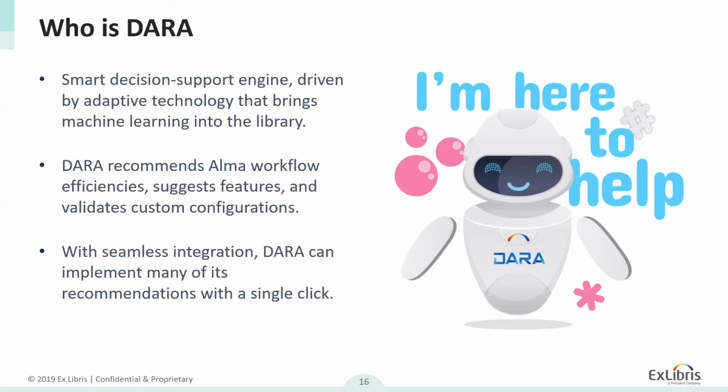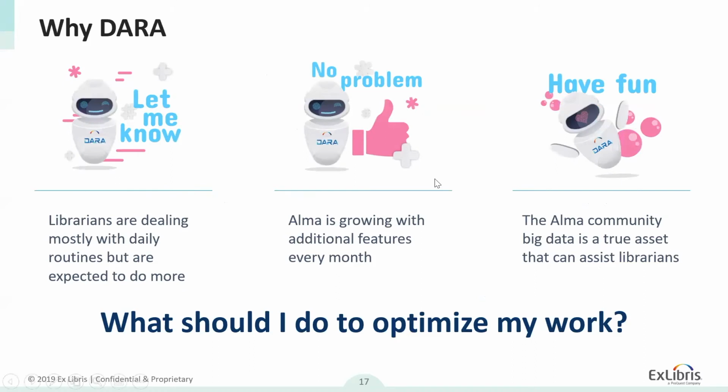Okay, and in a work environment, in a library setting, the easier we make these recommendations to implement, the more time it frees up for our librarians and our staff to work on things that add additional value to the institutions. So if we take a minute to talk about why Dora, why are we investing in this technology now? So this really circles back to the survey that we did.